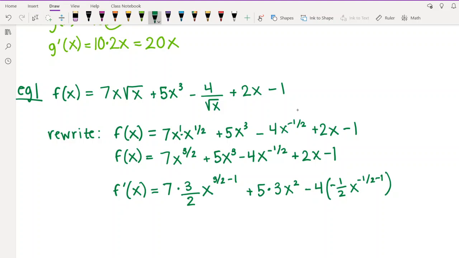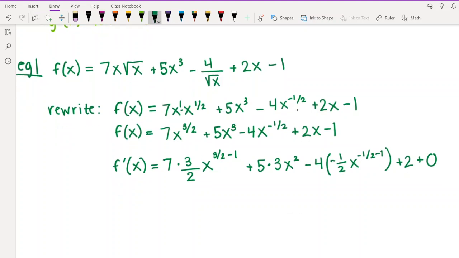For that one, if you have a number times x, the derivative is just going to be that number. Basically, it's because 2x is a linear function, and the derivative of a linear function is just the slope. So the derivative of 2x is just 2. And then finally, the derivative of -1, that's 0. So I'm just going to write it down so that you know where that -1 went.